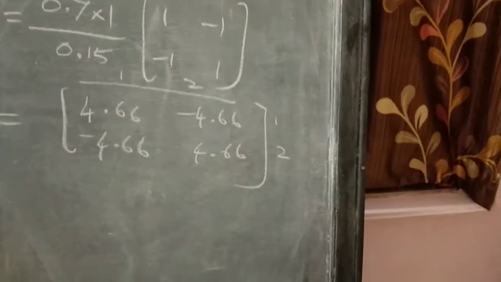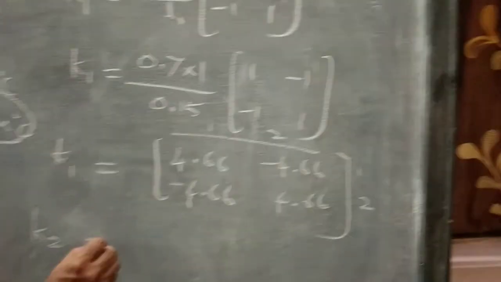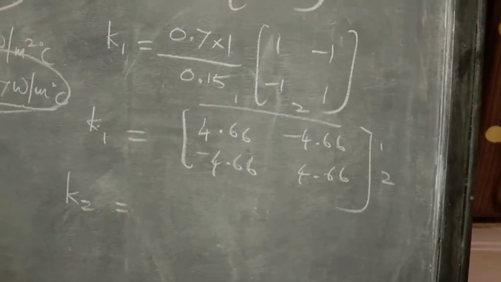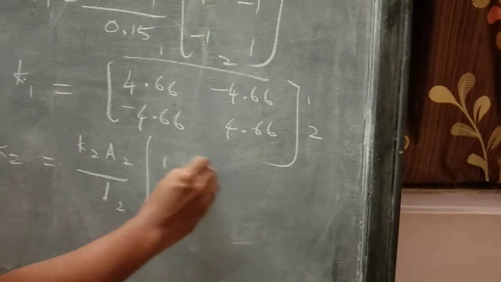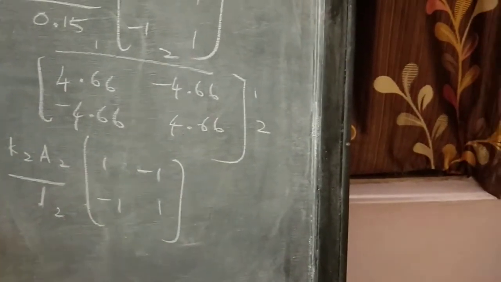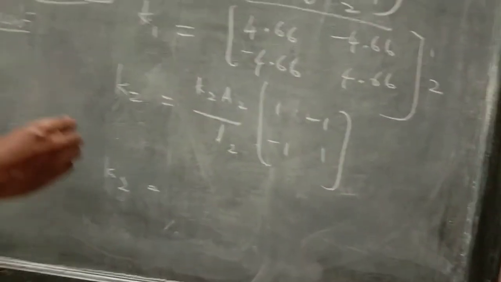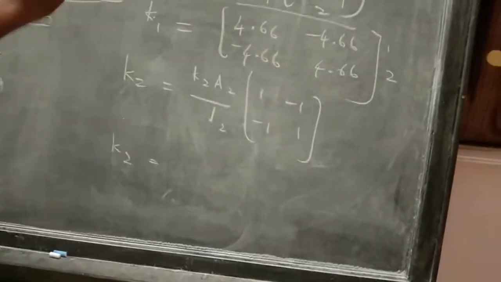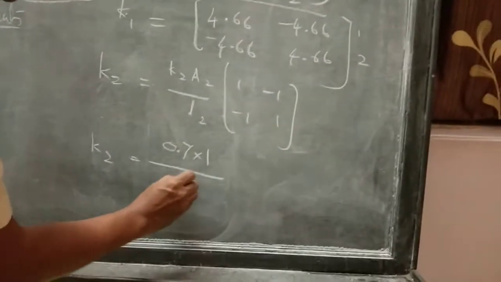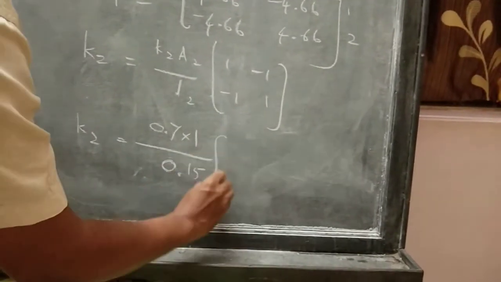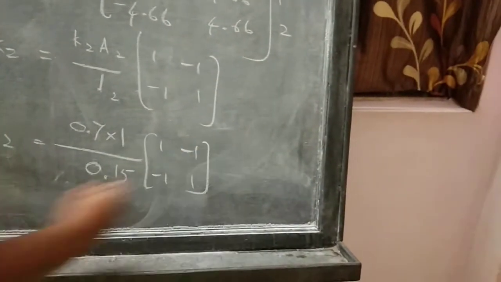Okay. Now next, the thermal stiffness matrix for element 2, K2, is given by K2 A2 by L2 times [1 -1; -1 1]. The thermal conductivity of element 2 is also the same, 0.7, into 1, and L2, the length, is the same, 0.15, times [1 -1; -1 1].